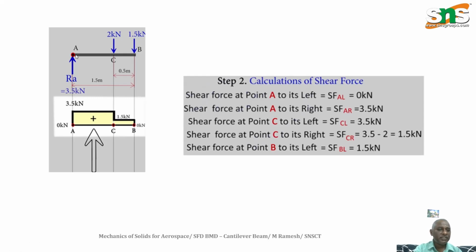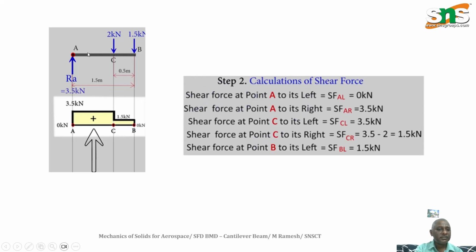But is it up or down? I am considering the left side, so left up is positive, 3.5 kilonewton. Similarly, you can go to point C. From point C as the reference point, you take the left side alone and consider it.